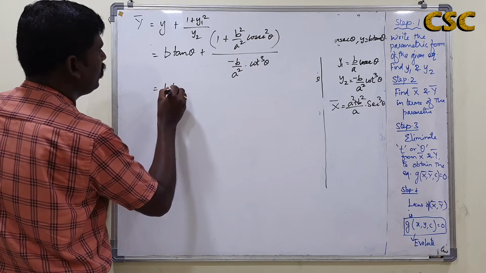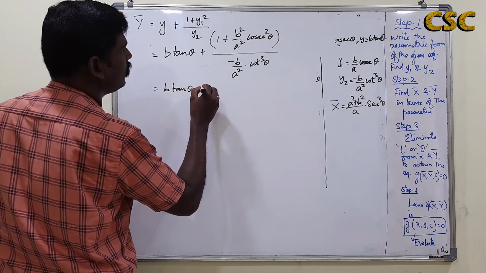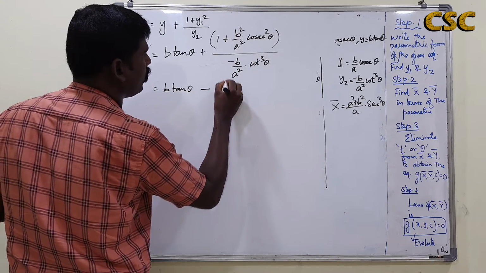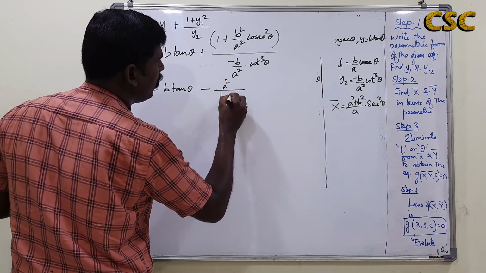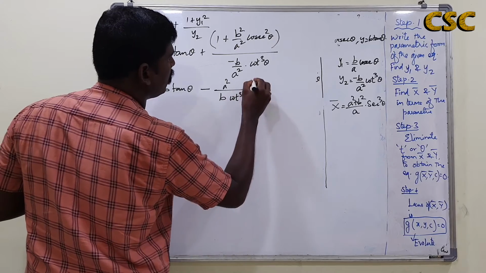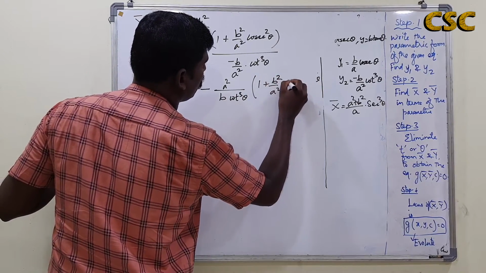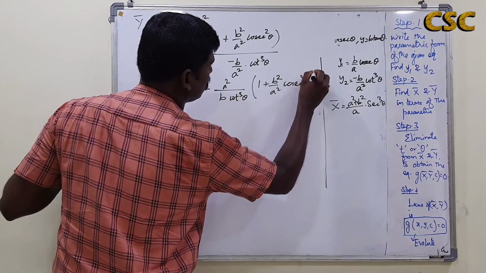Okay. So b tan theta, this plus into minus minus, this a square goes to the numerator. So a square by b cot cube theta into 1 plus b square by a square into cosecant square theta.